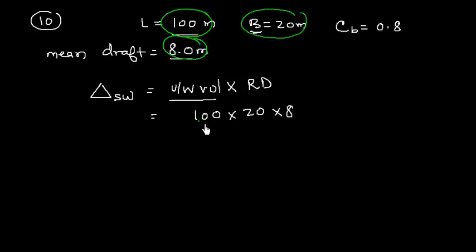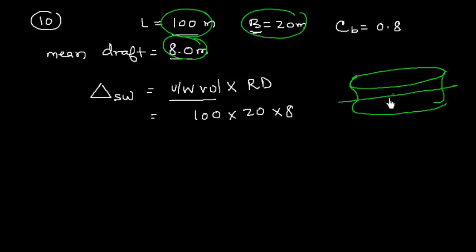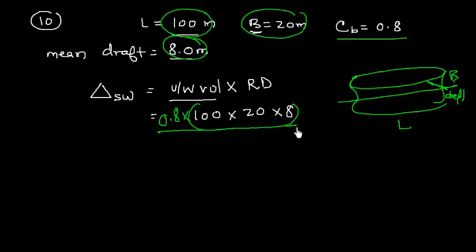This is the volume of a rectangular box. So suppose the vessel was like this and it was at this draft. So this is length, and this is going to be breadth, and this is draft. Well, after multiplying this, all I have to do is multiply with the block coefficient, which is 0.8, so I get underwater volume.